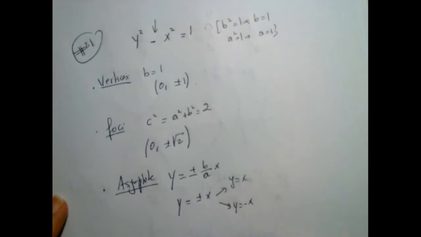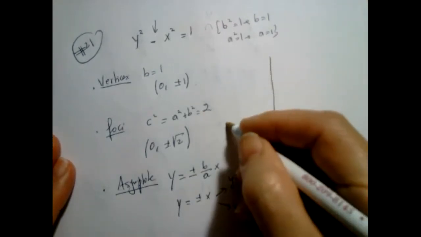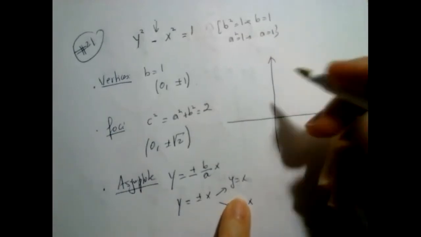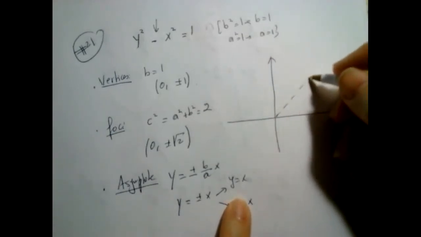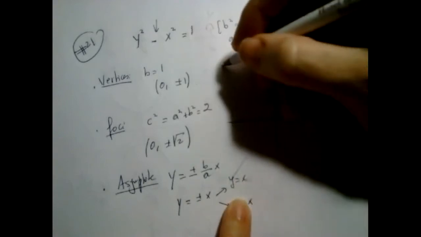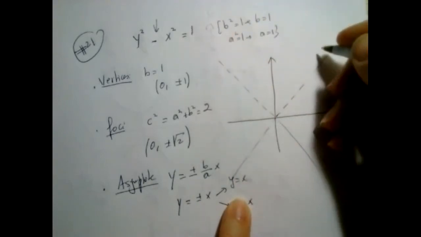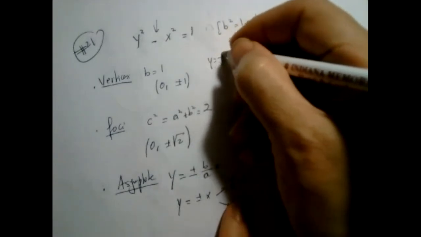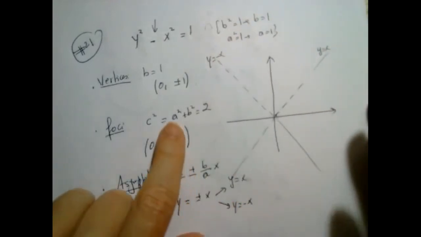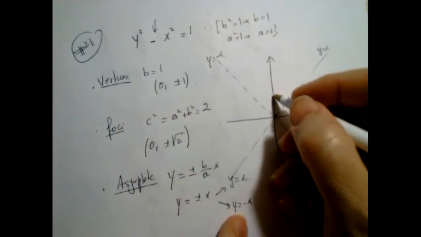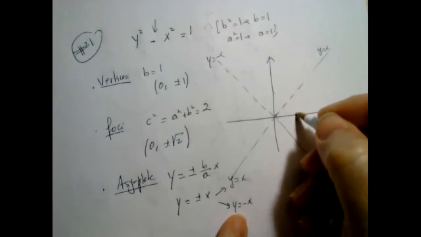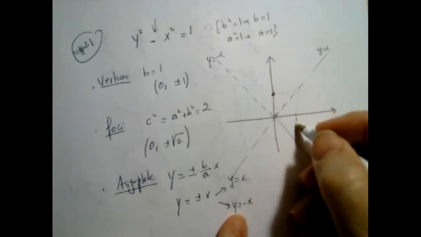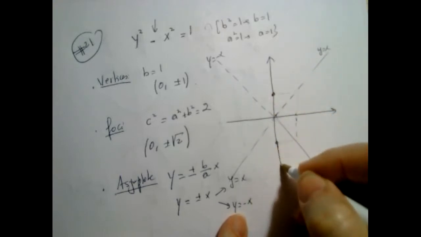Now we're going to sketch the graph. Usually we start by sketching the asymptotes because they give us an idea what to do. So this is my asymptote right here, and this is my other asymptote. This is nothing more than the line y equal to x and y equal minus x. And now we have to draw the vertices. This is 1 here, and this is minus 1.